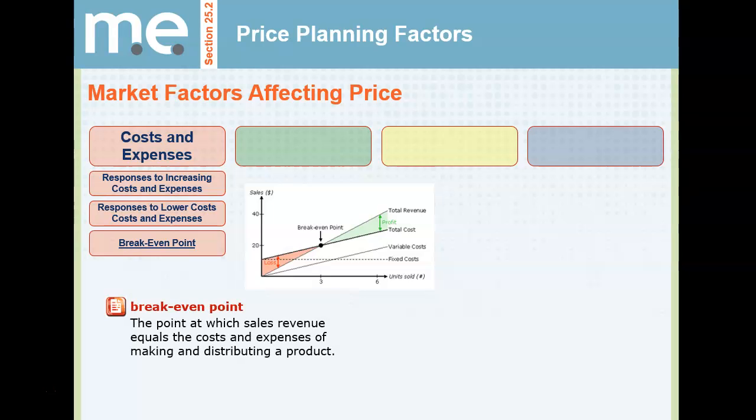Costs and expenses. Your break-even point. This is the point at which revenue, money coming in, equals the costs and expenses of making and distributing said product. Now, there are a number of different ways to calculate this. We're not worried about that in this class, and that's probably not something you're going to have to deal with until later on in college.